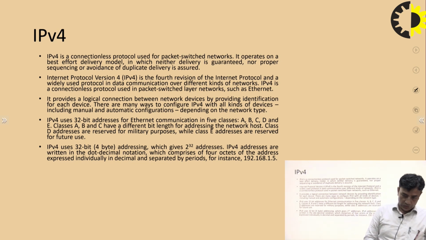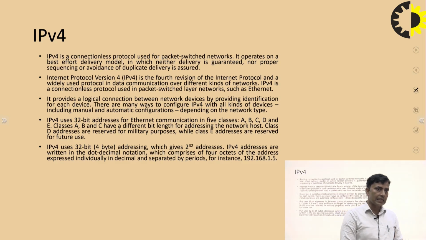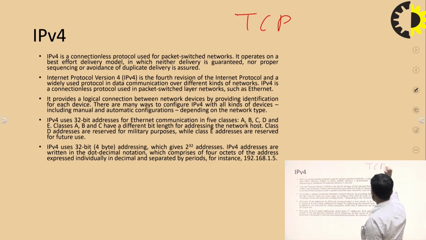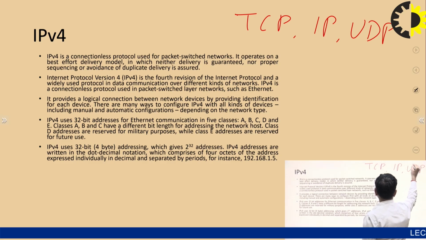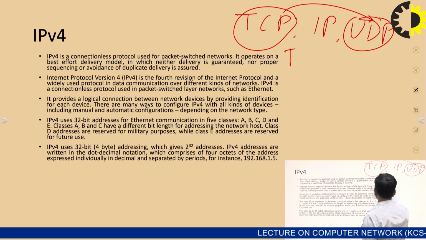Here there are two most important protocols for the addressing purpose. Here are the protocols, two or three protocols that work here, basically TCP, IP, UDP. So UDP and TCP protocols work at the transport layer.